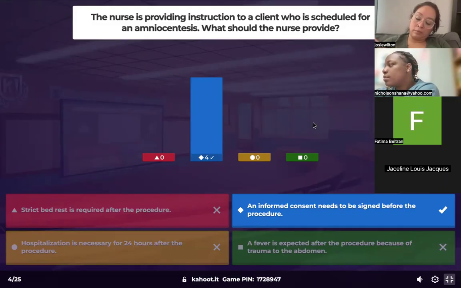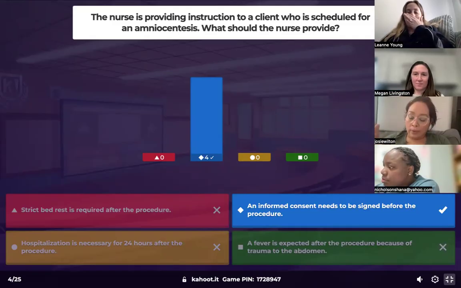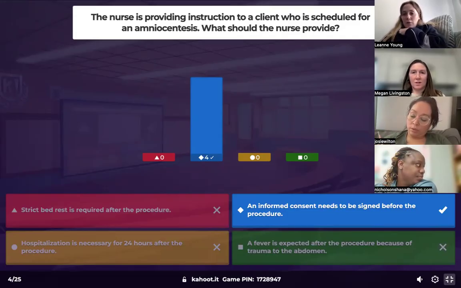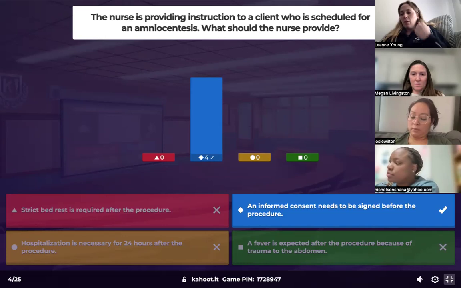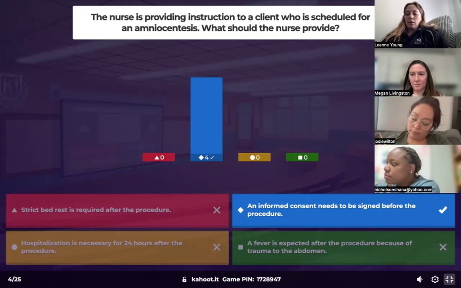But big ones would be neural tube defects. And then yes, your Down syndrome. And that is kind of up to mom, right? These aren't things that we have to do necessarily, but can be good to know moving forward with the pregnancy, right?